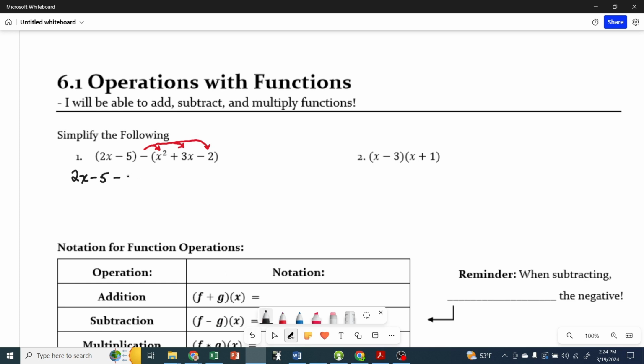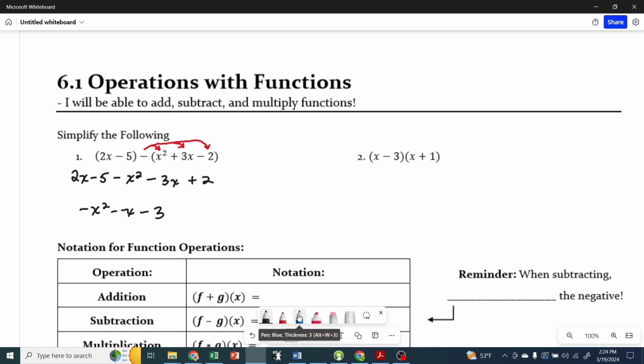So, minus x squared, minus positive 3x is minus 3x, and minus negative 2 is plus 2. So now we can just combine like terms and in descending order. Negative x squared minus x minus 3.